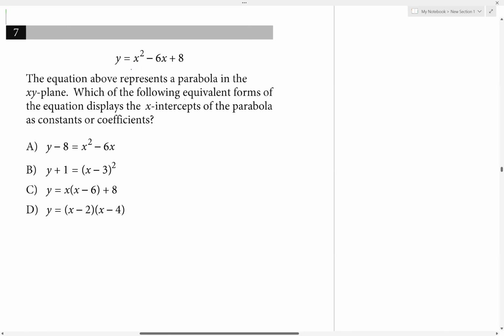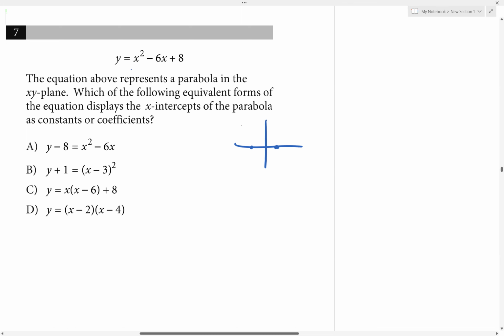What happens is we are looking for a form so that we can tell exactly what the x-intercept is just by looking at the equation. So we can easily solve for the x-intercept using the equation. Remember, an x-intercept has to be right on the x-axis, so these are the zeros that we're solving.